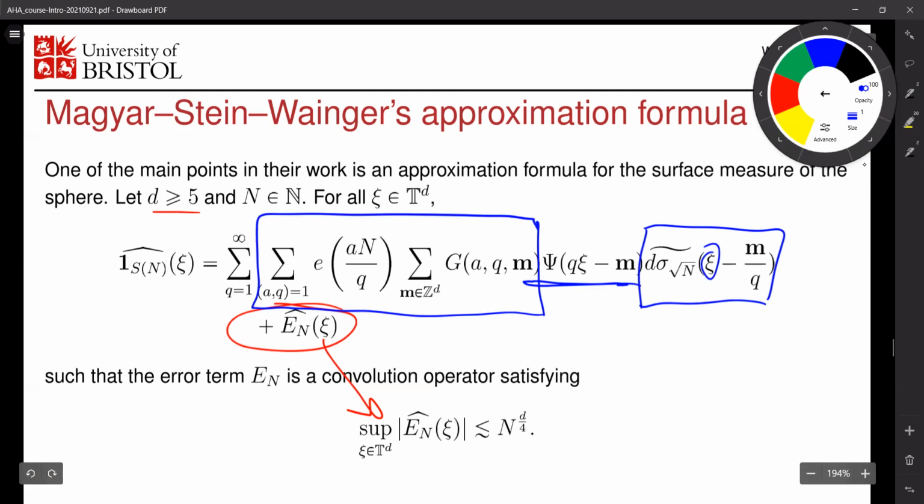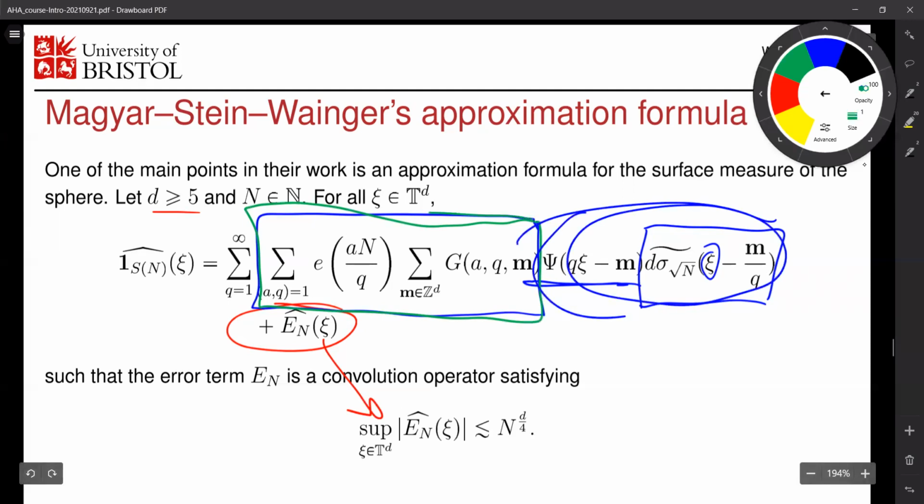If you could separate these two pieces, then this function right here in green is, it turns out, the Z mod Q spherical measure.